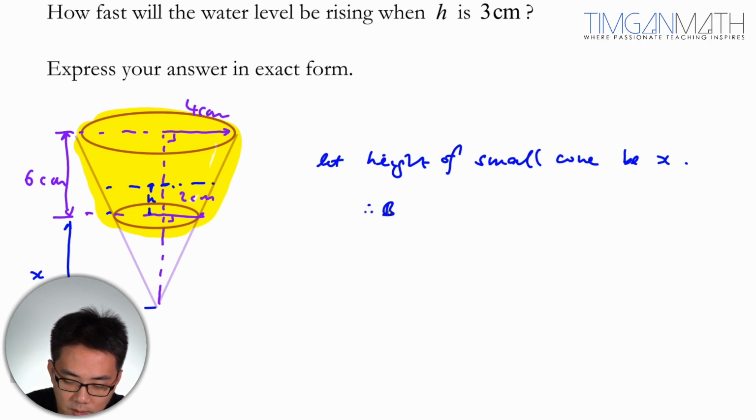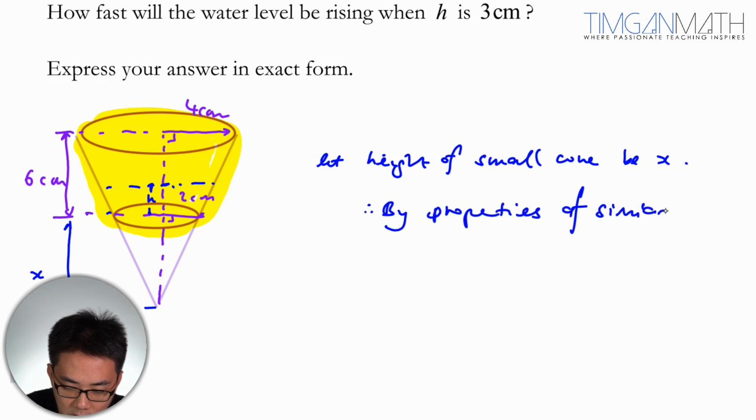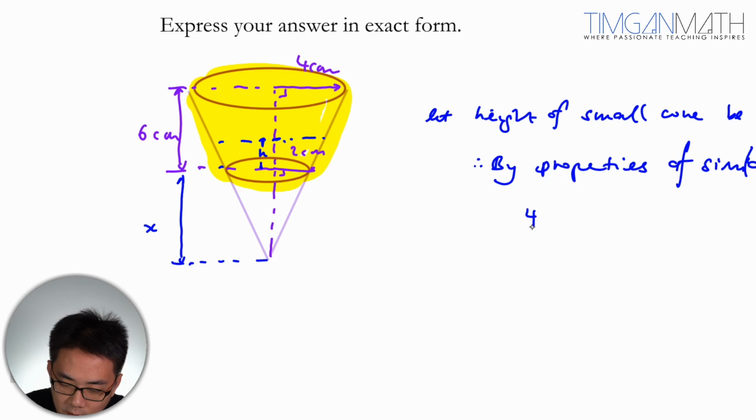So hence by properties of similar triangles, we know that 4 over 2 is equals to 6 plus x over x. Okay, does it make sense?